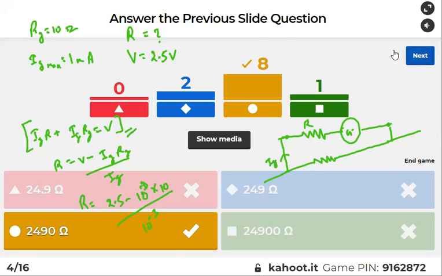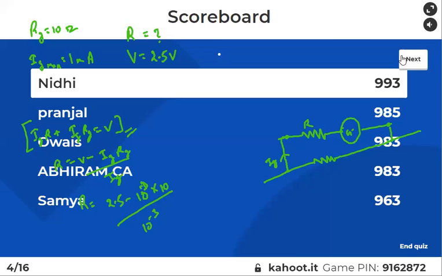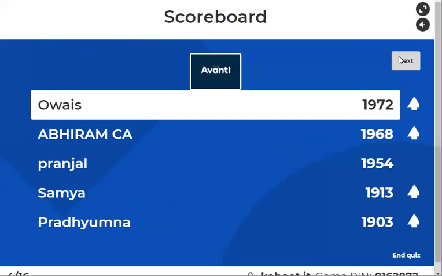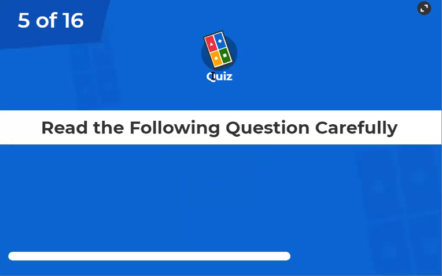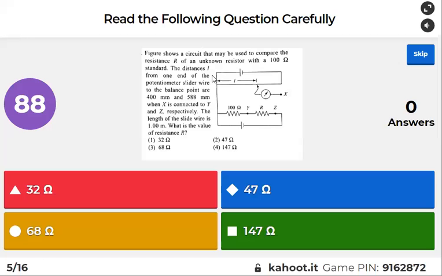Okay, chalo next. Everyone can solve this. I will teach potentiometer afterwards, but everyone needs to solve this.